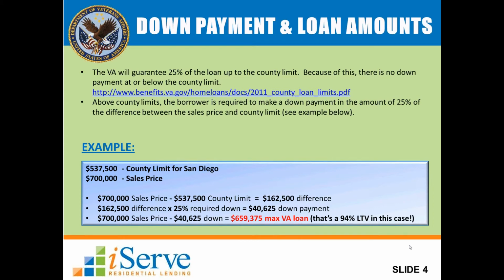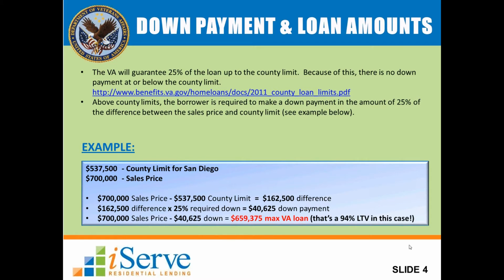Once we get above the county limit, that doesn't necessarily mean that we can't do the loan. However, it means that the borrower is going to have to make a down payment of some sort. And the simple calculation is that they need to make a down payment in the amount of 25% of the difference between the sales price and the county limit.